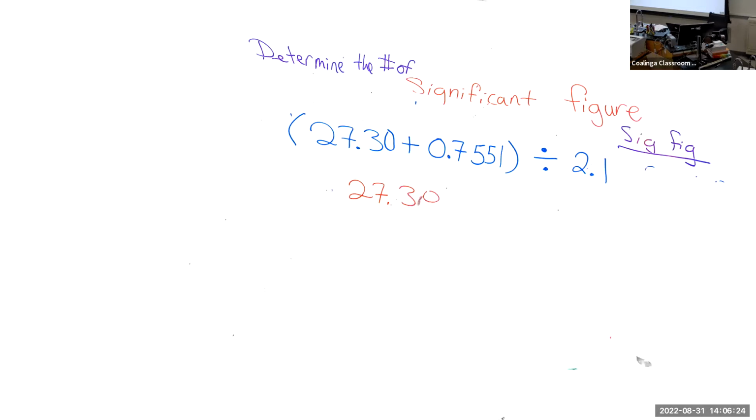Let's say I have 2730 plus 0.7551. So for that first number, the number of significant figures is determined after the first number. Okay, I did that initially, first instinct, right?